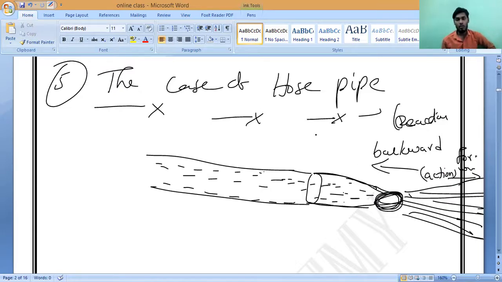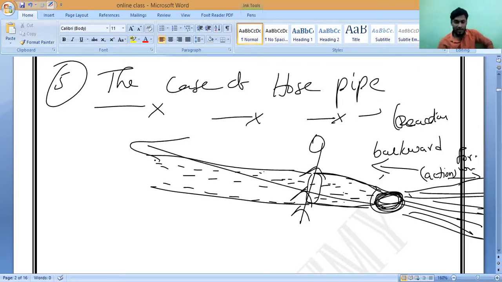If the person holding this pipe is not holding it tightly, then what will happen? Because of the force exerted by the water on this hose pipe, the pipe will leave our hands, it will escape away from us. It will go and fall away from us.